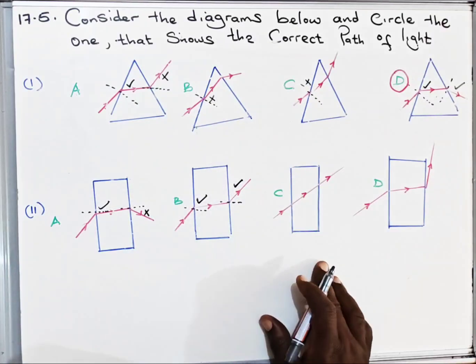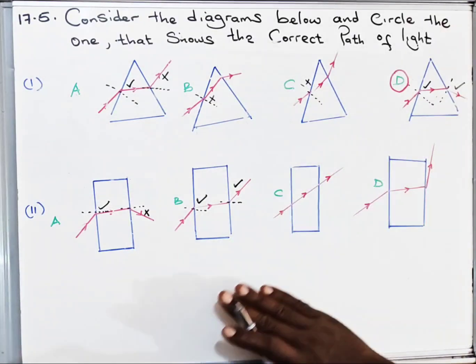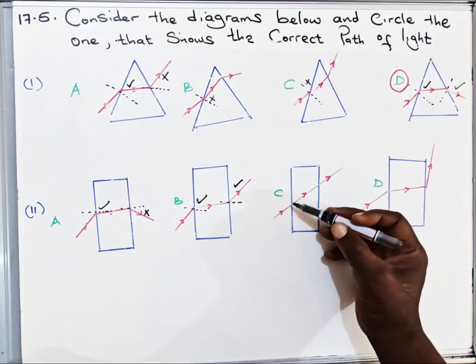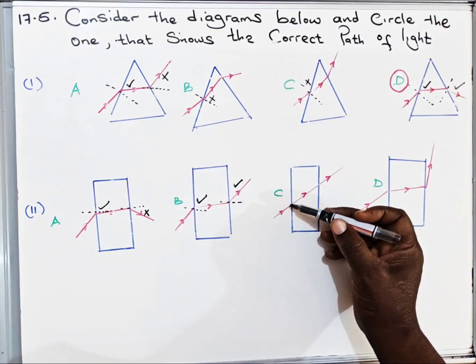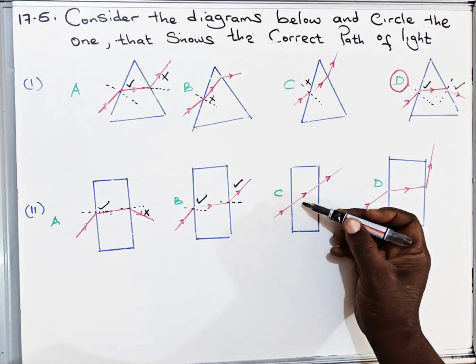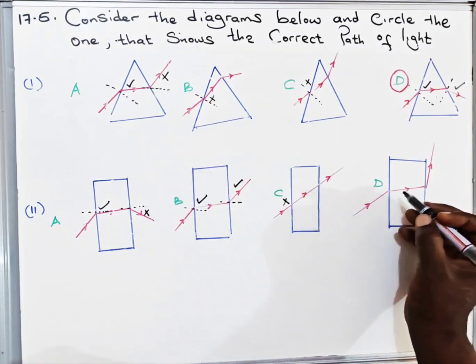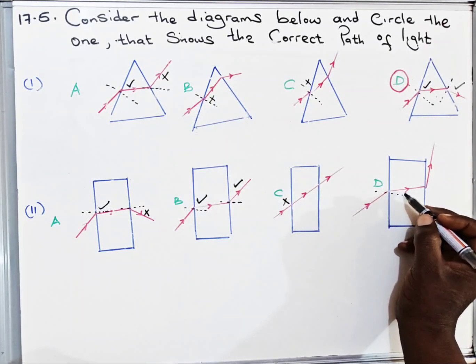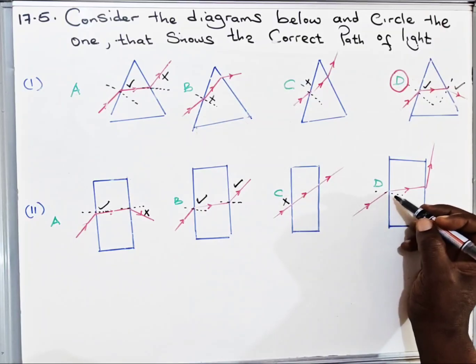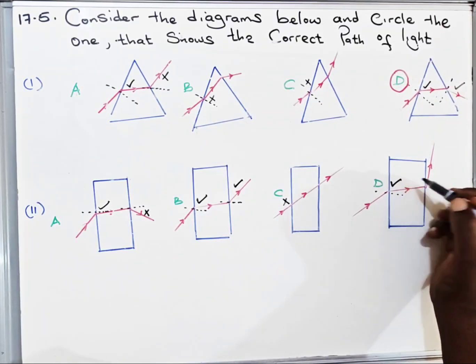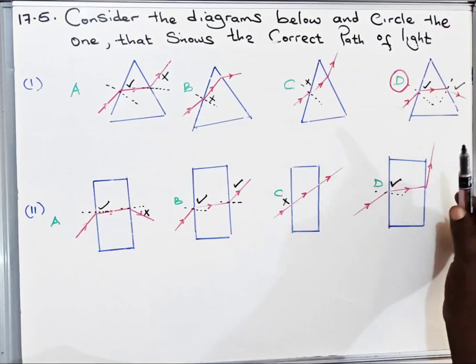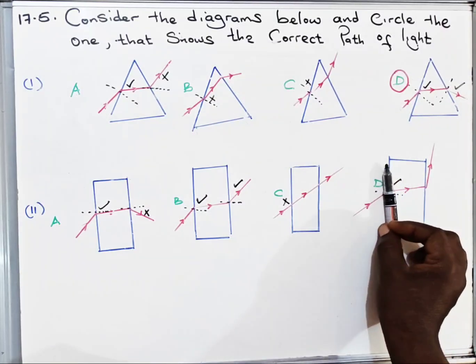Let's check this one. This one is unchanged throughout, which is wrong because light is supposed to bend when it's coming from one medium to another. So this one is wrong from the start. For this one, it bends towards the normal, so it's correct here. But when you look at these two sides, they are parallel.